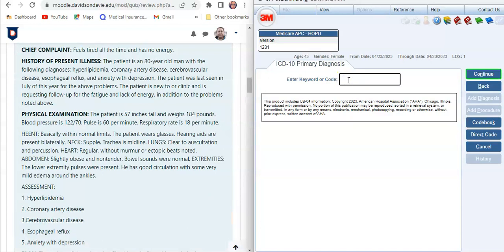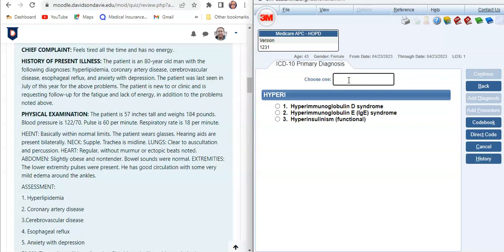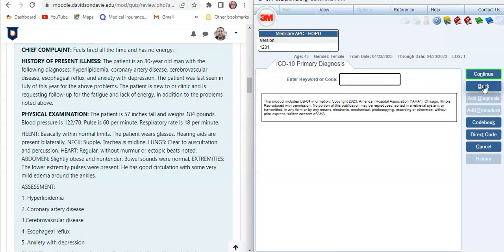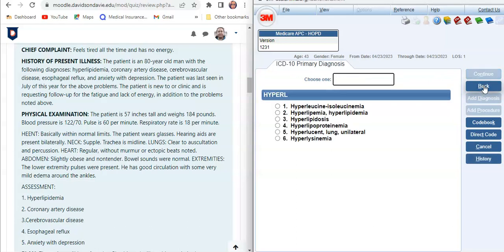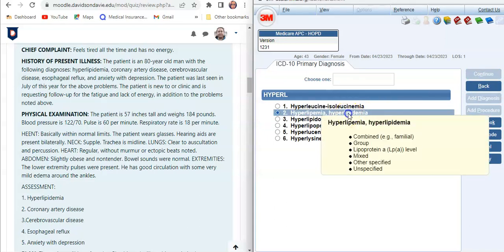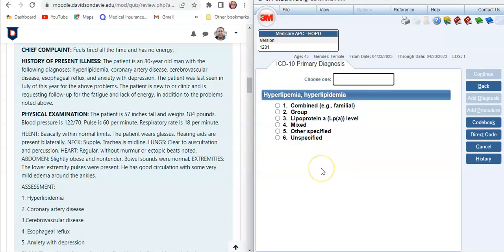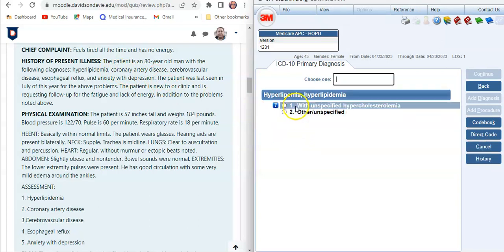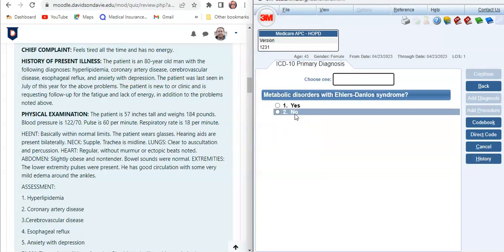So we've got hyperlipidemia. Oh, must have typed something in wrong. Hyperlip. There we go. Hyperlipidemia. And then it doesn't say exactly what type, so it's unspecified within the documentation.